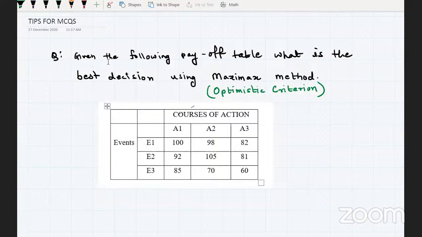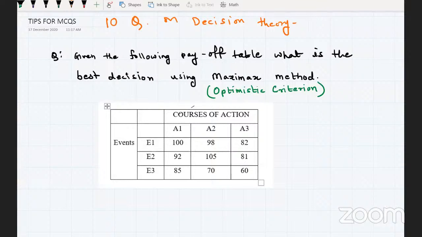Okay, so there will be 10 questions on decision theory. The pattern of the questions will be exactly the same as I'm discussing now.